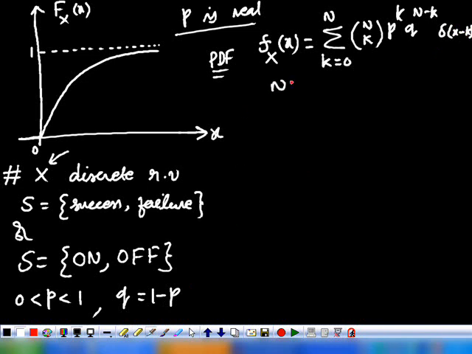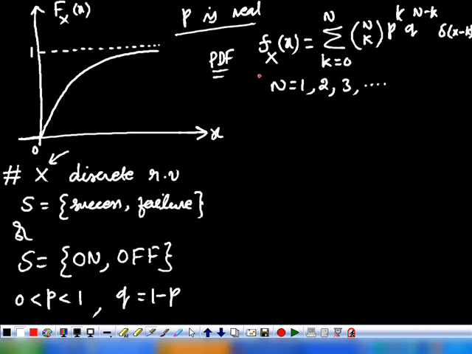Where this N is equivalent to 1, 2, 3; that is, N may be 3, N may be 4, or N may be 5, N may be 100 also. That indicates the number of trials that we perform. For example, if N is 3, the number of trials of the Bernoulli experiment is 3, or it may be 100 or anywhere.